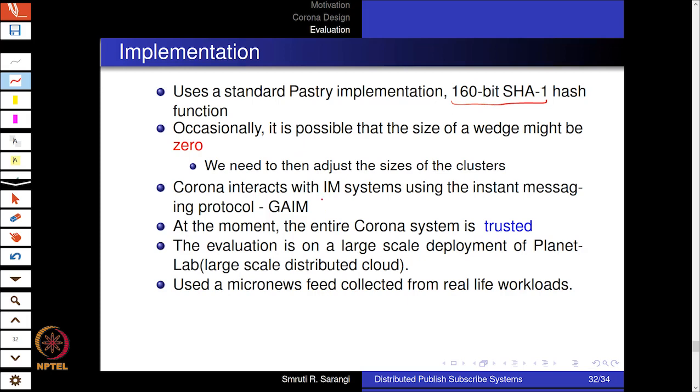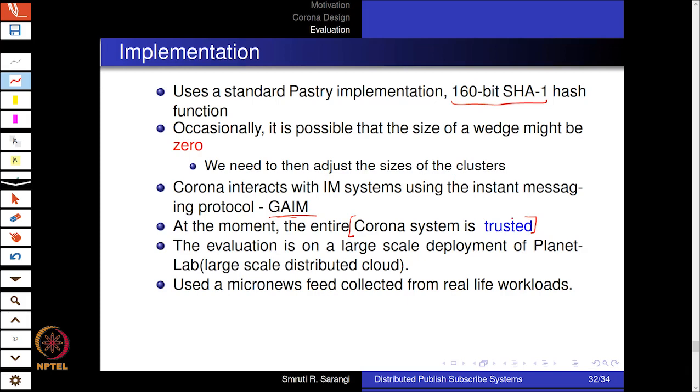Traditional instant messaging systems are used to talk to the owner, establish a connection with the owner. So security and trust, well, a lot of emphasis was not given to it. We assume that all the nodes in the Corona system are trusted.